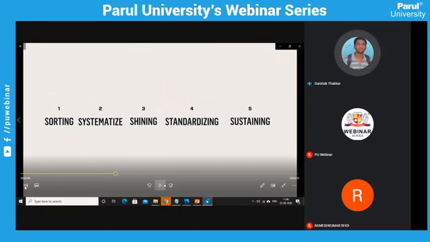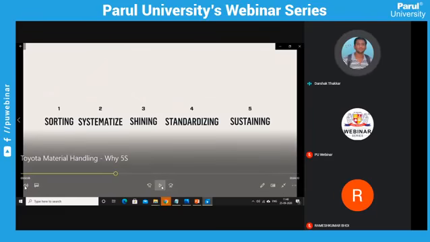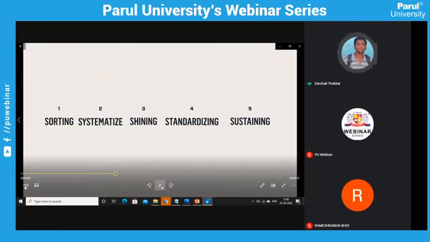So sustain is the most important in 5S management, and it is also the most difficult one, as we can do all this process nicely and clearly one time, but sustaining it and doing it in the same manner every time is very difficult, right? For sustaining, there are many checks, like auditing the workplace, awarding employees, and motivating employees. By doing this, the sustenance will be achieved, right? So we can see this in our further video.